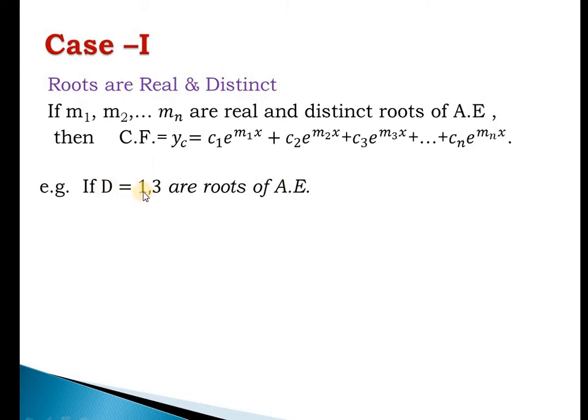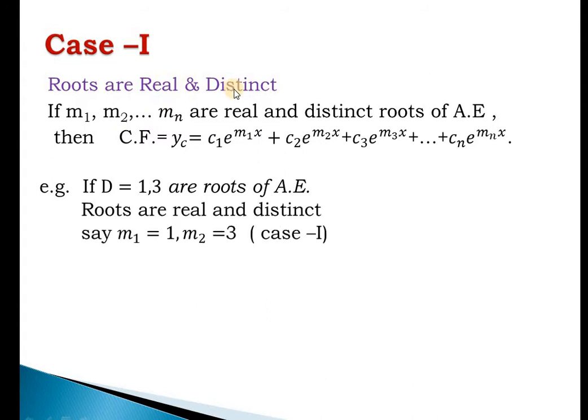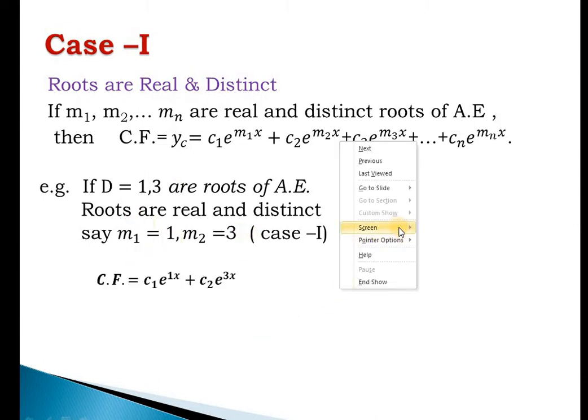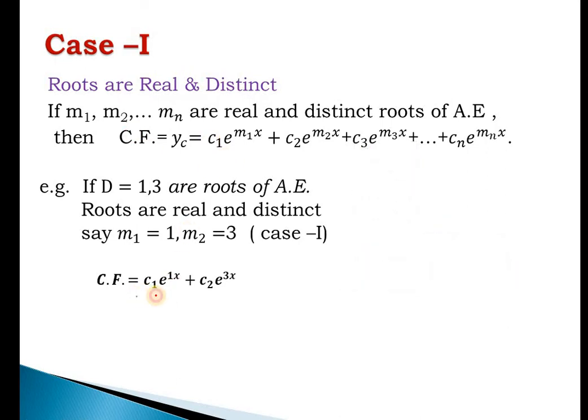Okay. So let us see one example. If D is equal to 1 and D is equal to 3, these are the roots of the auxiliary equation. Obviously, these are real and distinct roots. So what is the nature of the complementary function? Suppose m1 is 1, m2 is 3. So how do we write CF? C1 times e raised to m1x, so e raised to 1x, plus C2 times e raised to m2x, so C2 e raised to 3x.